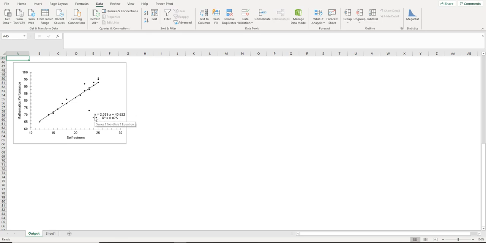Y is our mathematics performance, so the mathematics performance can be predicted with the equation 2.09 times the self-esteem plus 40.62. So that is how we use the MegaStat in getting the relationship of two variables if there are no indicators. So thank you.